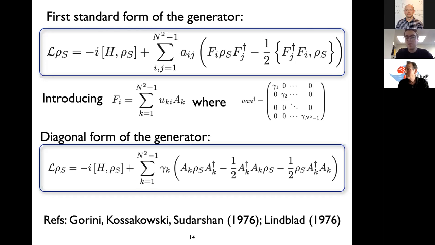So the connection of the dynamical semigroup to memoryless processes, in the answer that I've given, is through the master equation, because you can give a microscopic derivation of this master equation.